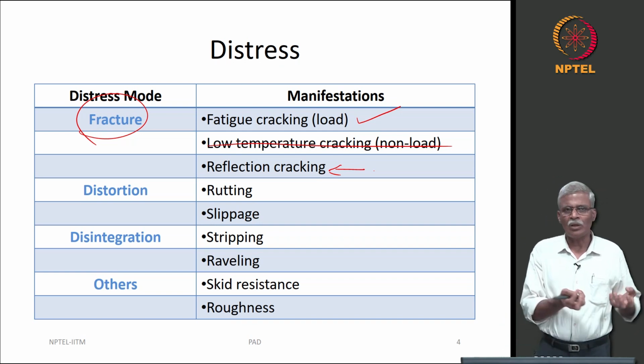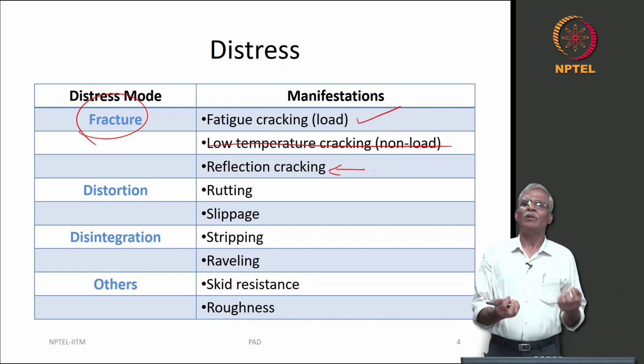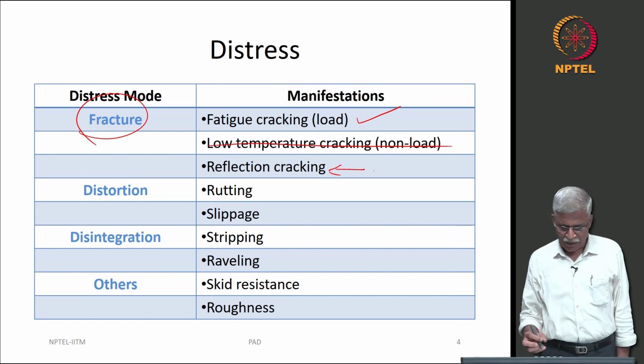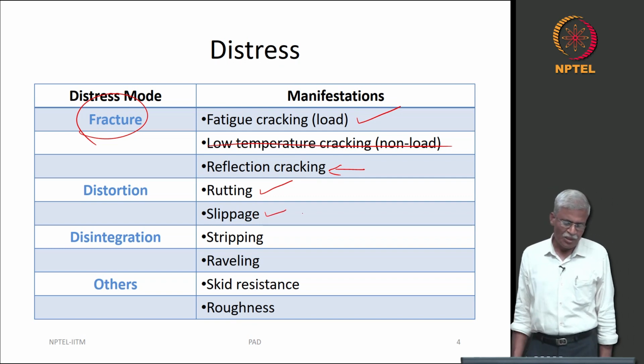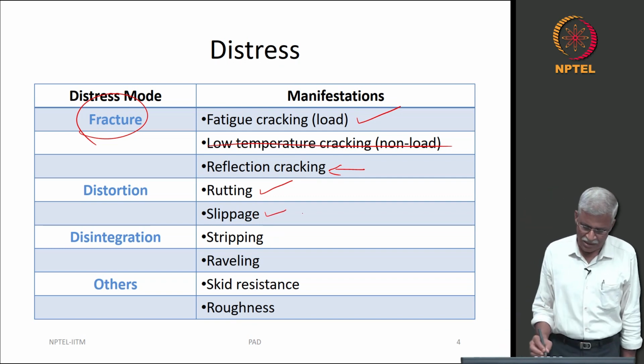So, what can happen is all the cracks can actually reflect and come to the surface. Then you are talking about distortion, which is rutting, slippage, disintegration, stripping, raveling, skid resistance and all.